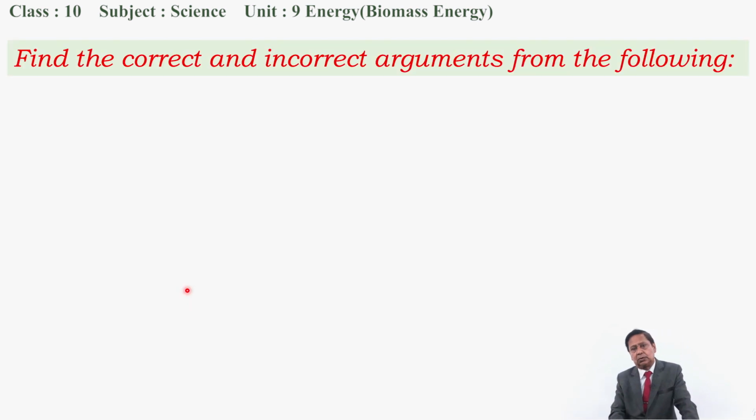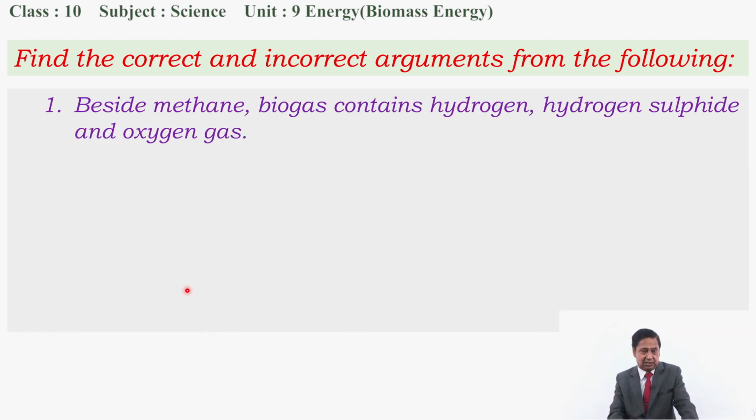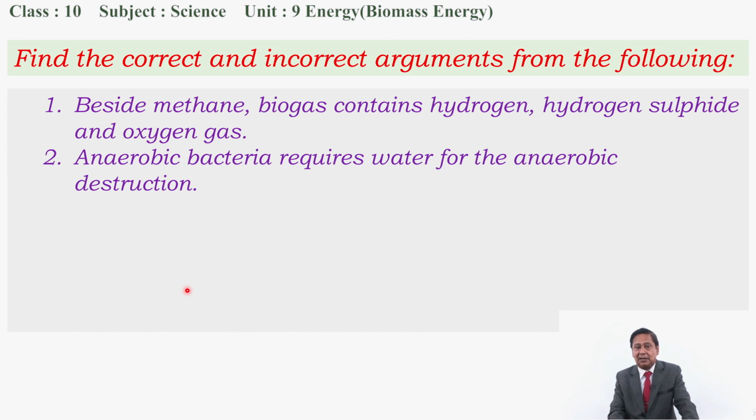Okay, in the same way, let's go through some other questions also. Find the correct and incorrect arguments for the following. One argument: beside methane, biogas contains hydrogen, hydrogen sulfide and oxygen gas. Is this argument correct or not? Anaerobic bacteria requires water for the anaerobic destruction. Is it correct or not?